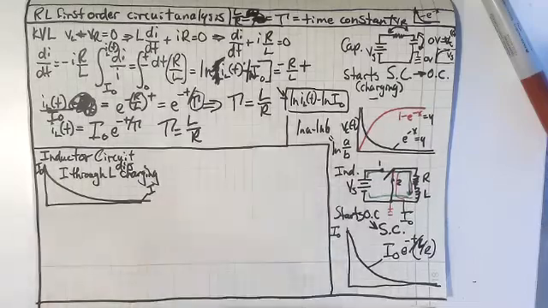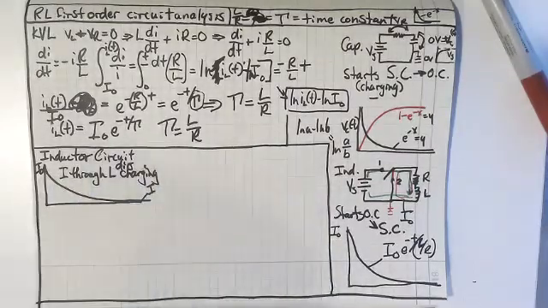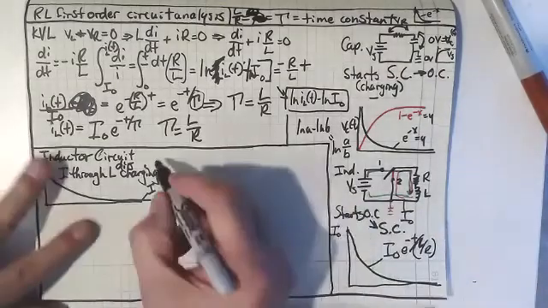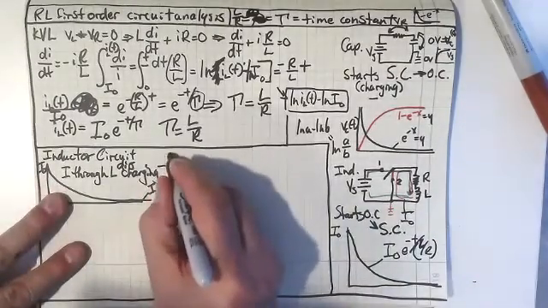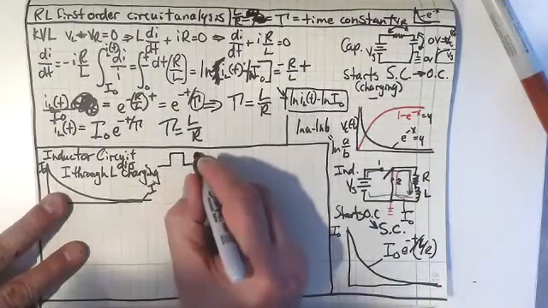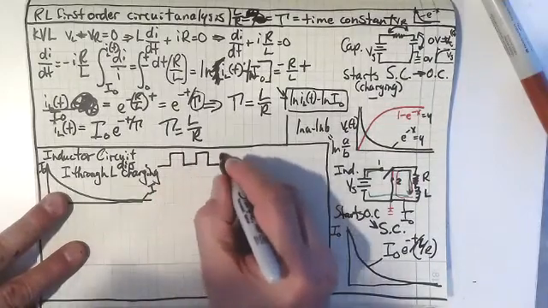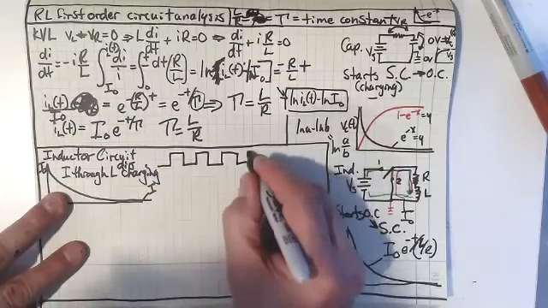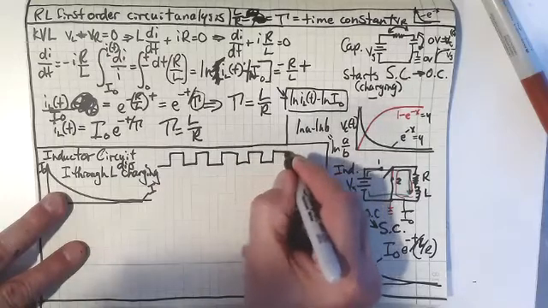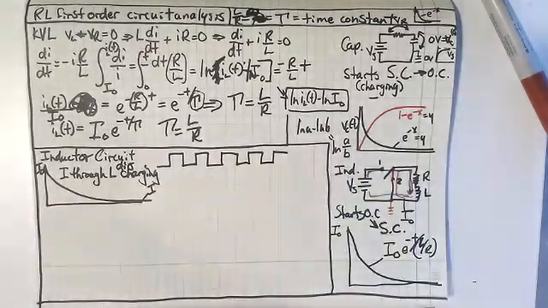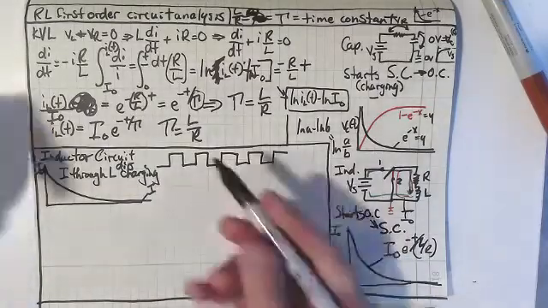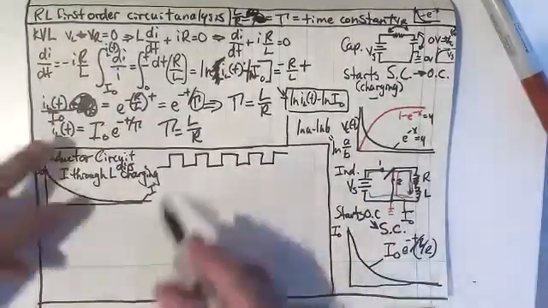Well, you know what I should do? I should draw the charging and discharging circuit through here. Let's say that we are putting something like a step function through here like this, right? If we put a step function through here, what we're going to see is the charging and discharging aspect of the inductor or the capacitor.